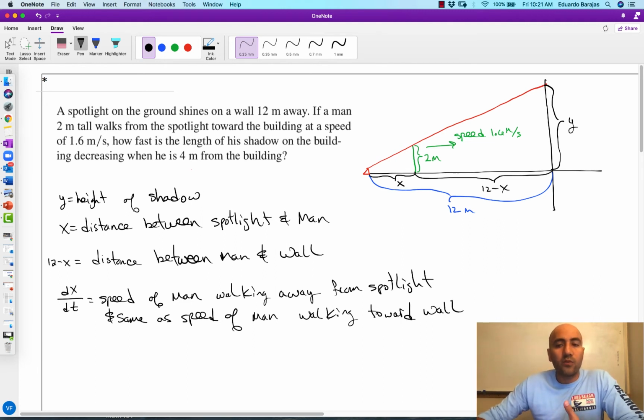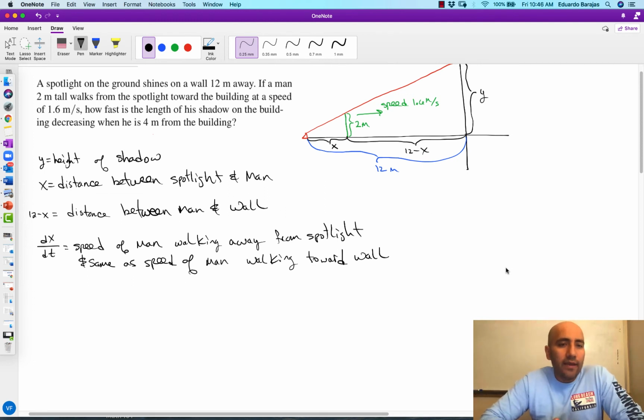Right? The speed at which he walks toward the wall is the same thing as the speed at which he walks away from the spotlight. Okay, so then dx/dt specifically is the rate of change of the x variable, the rate of change of the distance away from the spotlight. Okay, so that's the 1.6.